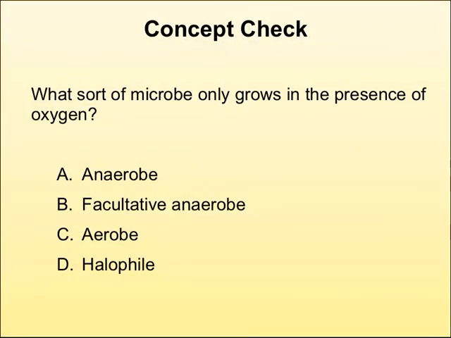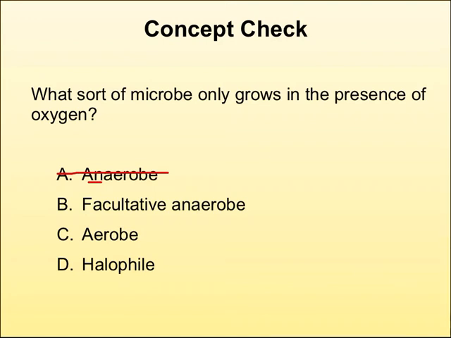Let's have a quick concept check. What sort of microbe only grows in the presence of oxygen? Well, anaerobes, an means not aerobic, so anaerobic cannot live in the presence of oxygen. We'll take that off. A facultative anaerobe, recall, is an anaerobe.